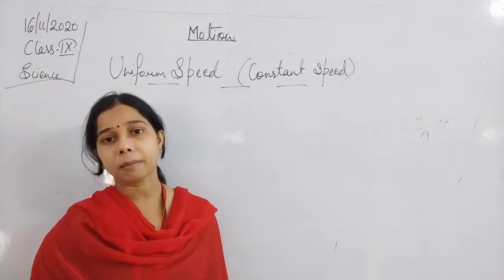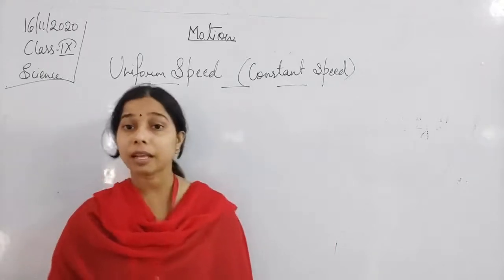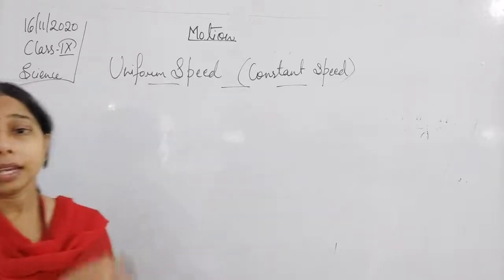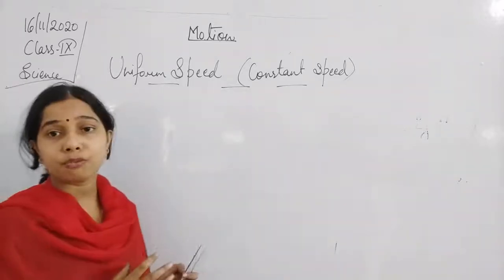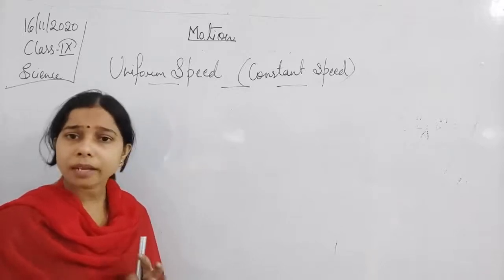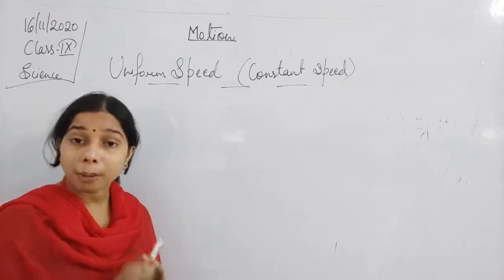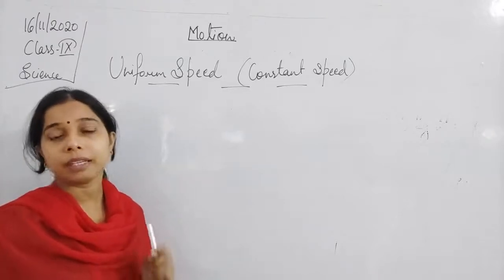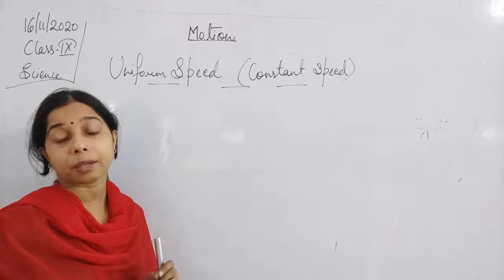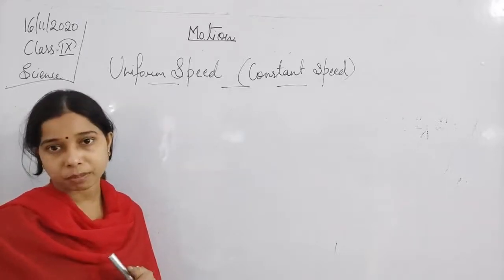Speed can be determined by the distance and the time taken. So uniform speed is when an object is moving an equal distance in an equal interval of time. No matter how small the interval of time is, if it is traveling an equal distance in an equal interval of time, that kind of speed is known as uniform speed.